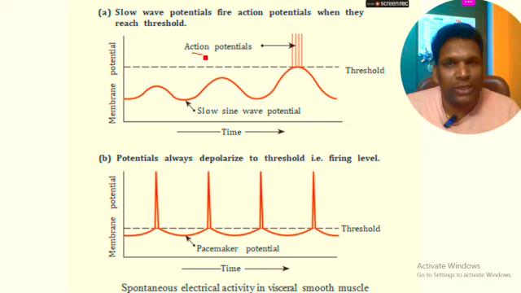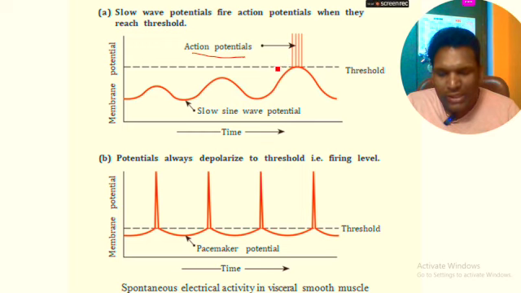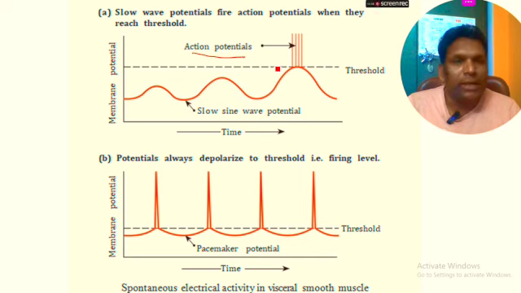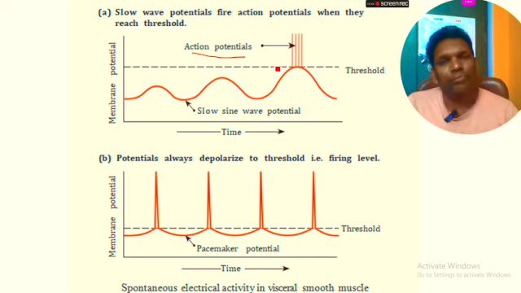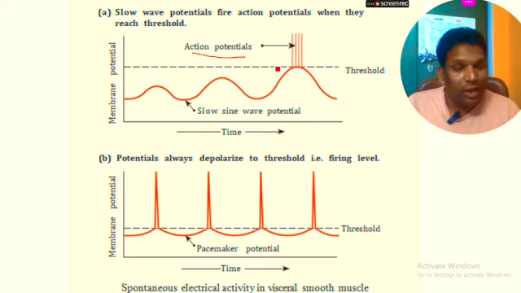The depolarization is brought about by nervous stimuli, hormones or neurotransmitters, and L type calcium channels on the membrane lead to influx of calcium ions. This calcium entry causes the spike potential.